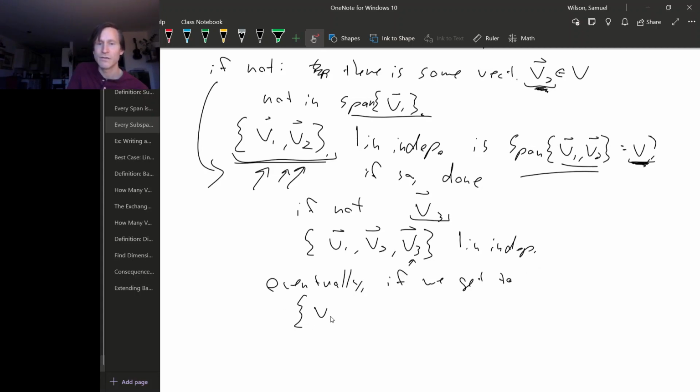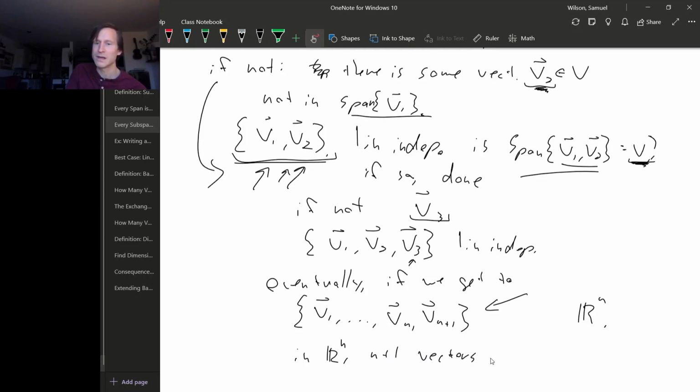So if this process never stopped, we'd eventually get to V1 up through Vn and then Vn plus 1, a list of vectors that goes all the way out to Vn plus 1. But remember, we're in Rn, and in Rn, n plus 1 vectors are definitely linearly dependent.